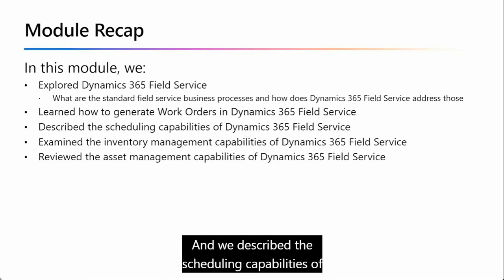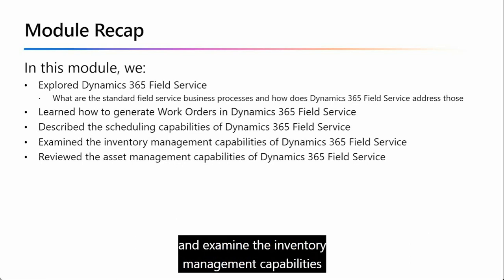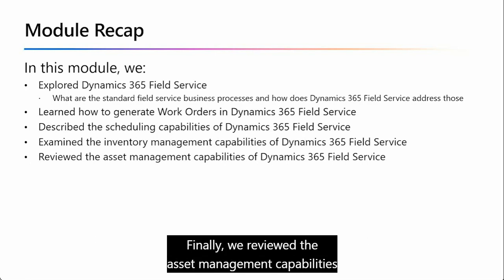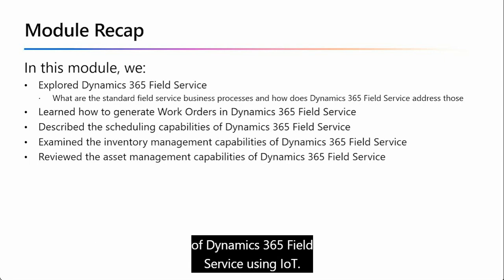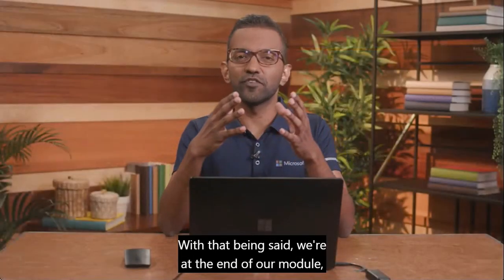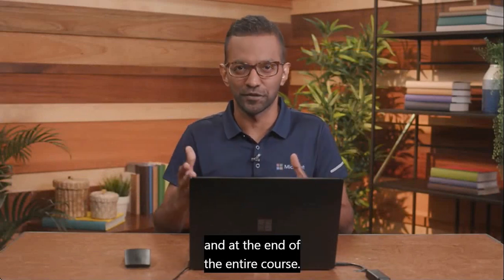And we described the scheduling capabilities of Dynamics 365 Field Service and examined the inventory management capabilities of the application. Finally, we reviewed the asset management capabilities of Dynamics 365 Field Service using IoT. And with that being said, we're at the end of our module, at the end of our session for today, and at the end of the entire course.